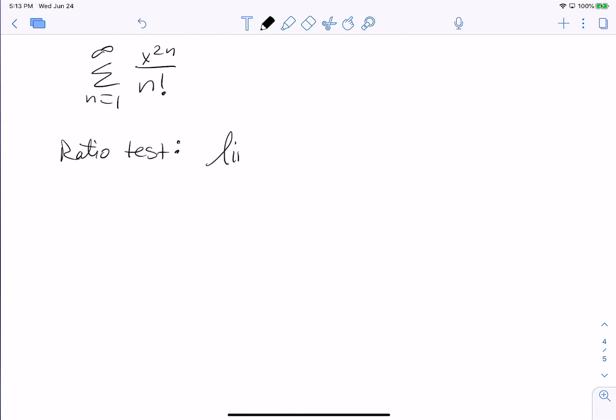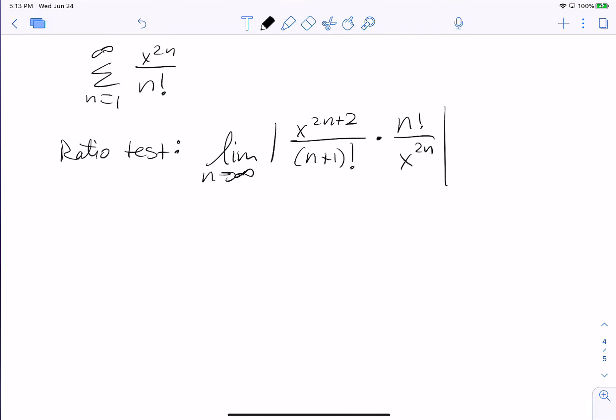The ratio test looks like the limit as n approaches infinity of the absolute value of x to the 2n plus 2 divided by n plus 1 factorial. That's what happens when we put n plus 1 in place of n in the sigma expression, times the reciprocal of the nth term, so n factorial divided by x to the 2n.